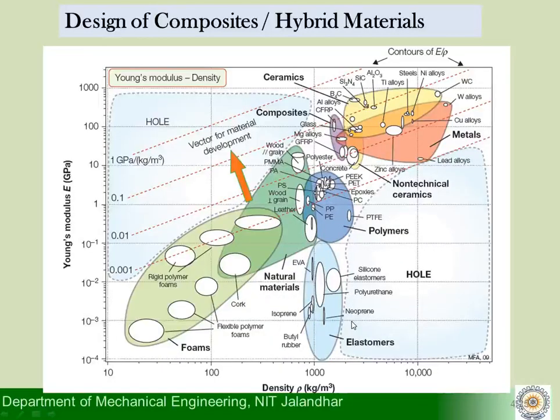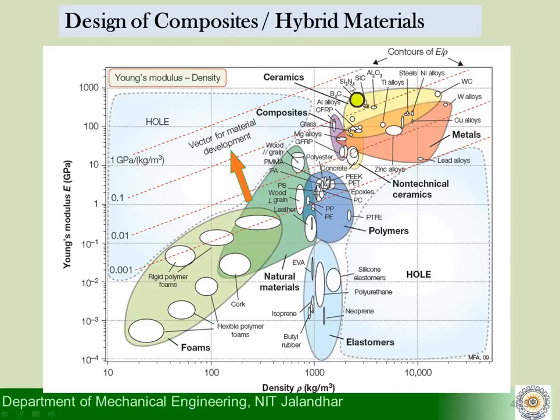This takes me to our earliest discussion on the material charts here, and if you recall, this is our original modulus versus density chart, in which we have seen that according to the design requirements, you can draw the contours of slope 1, slope 2, or slope 3.